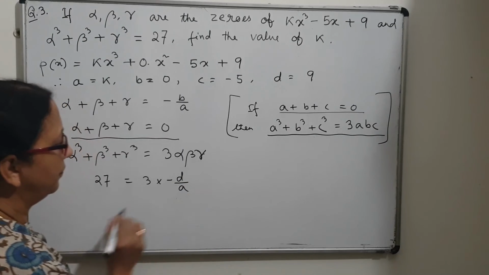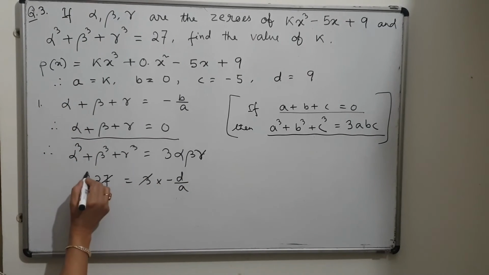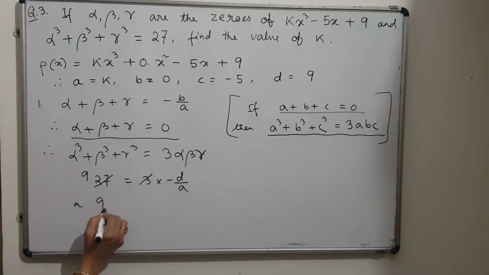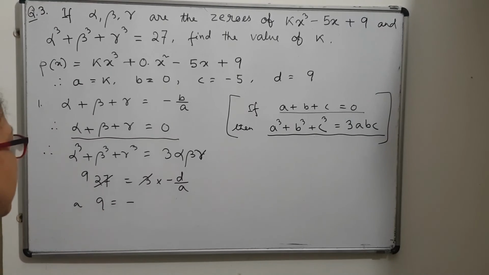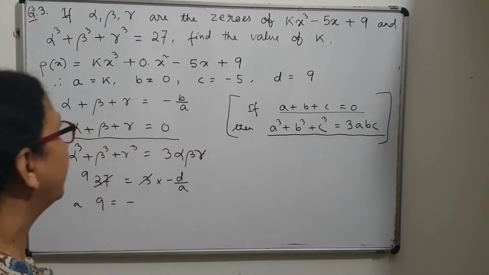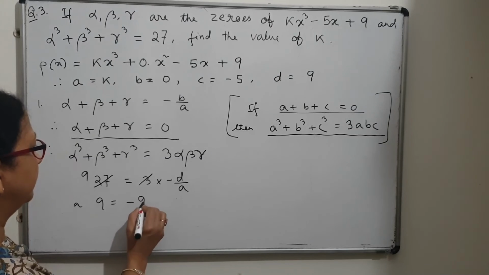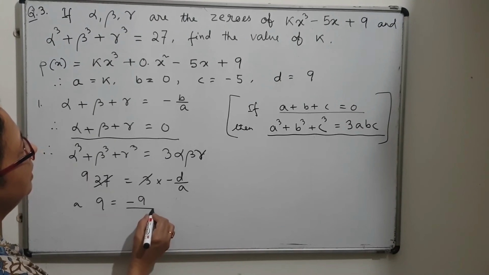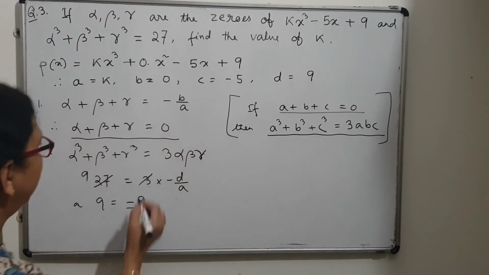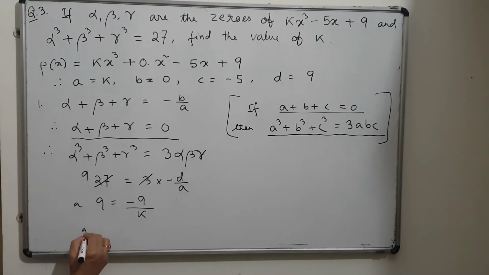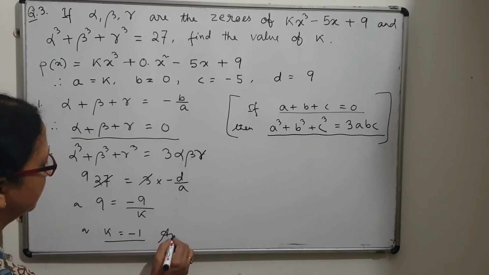So cancel out 9, or 9 is equal to minus, what was d now? D is 9. So 9, and a is k, so k is equal to minus 1, that is the answer.